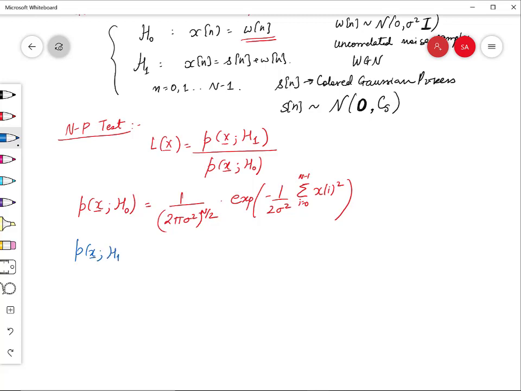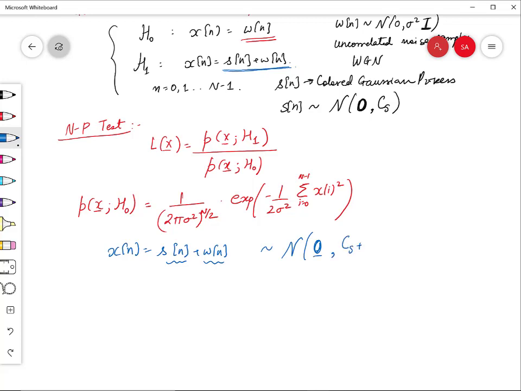What is going to be the likelihood for hypothesis H1? If you see this very closely, x of n is Sn plus Wn, and this is also Gaussian, again with mean zero. So the overall is distributed as a Gaussian with mean 0, and the variance is going to be added.